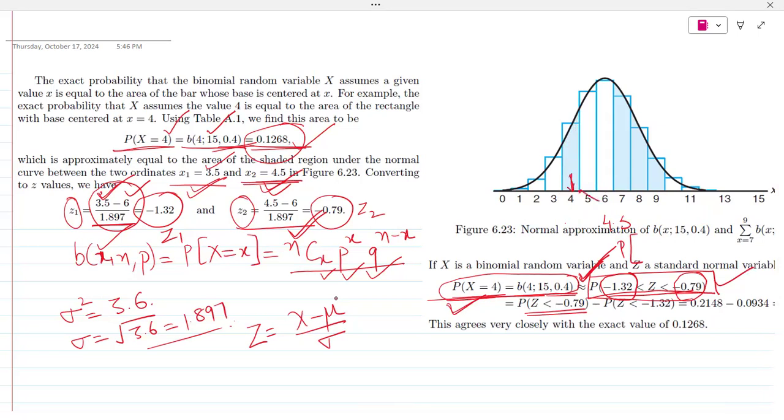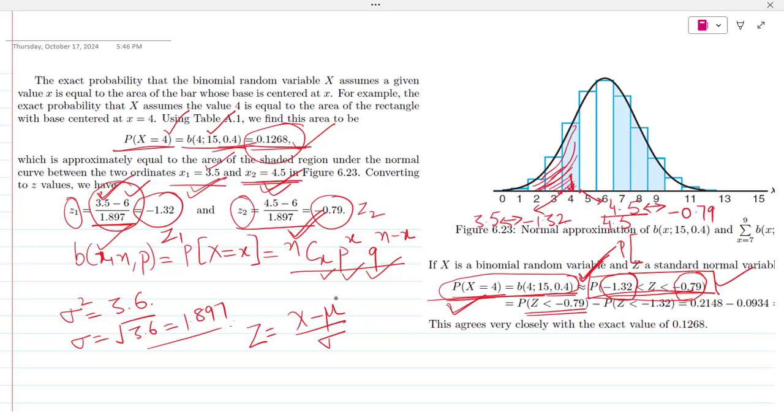So what is this point? It is 4.5, and this corresponds to minus 0.79, and this value, 3.5, corresponds to minus 1.32.